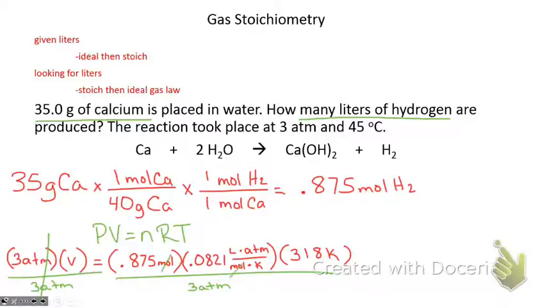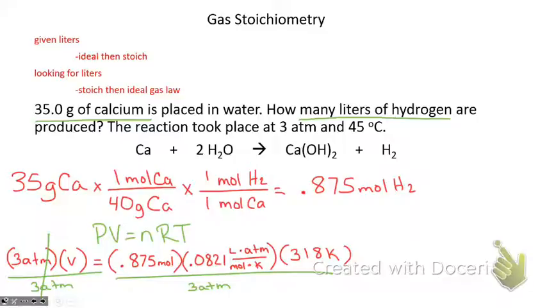Okay, now watch how my units cancel. My moles will cancel, my atmospheres will cancel, my Kelvin will cancel. What unit am I left with? I'm left with a unit of liters, and that's for my volume variable, which makes sense. So that's the reason why we need that really scary unit on that gas law constant, so it can cancel out. So punch in your calculator, 0.875 times 0.0821 times 318 divided by 3.